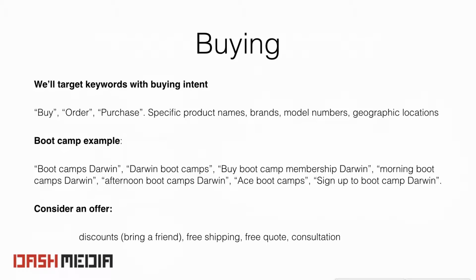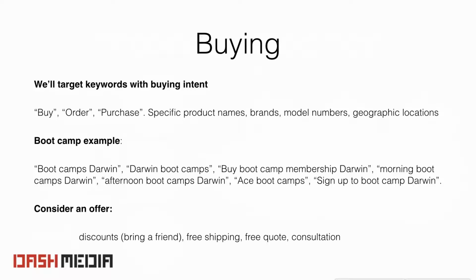Words like buy, order and purchase. They might be looking for specific product names, brands, model numbers, geographic locations. We talked a little bit about this before, that people are going to get more specific and show that buying intent in their search queries when they're ready to make that purchasing decision.